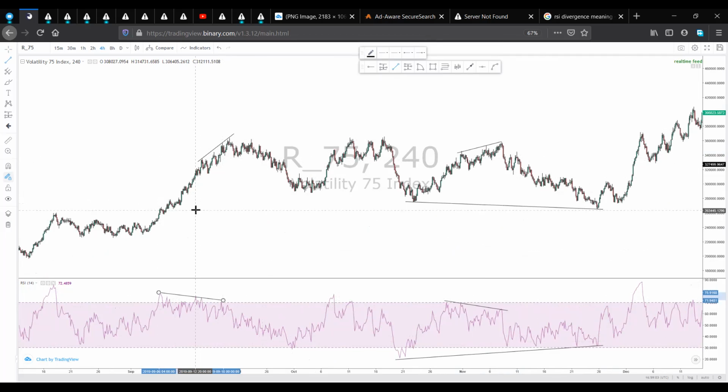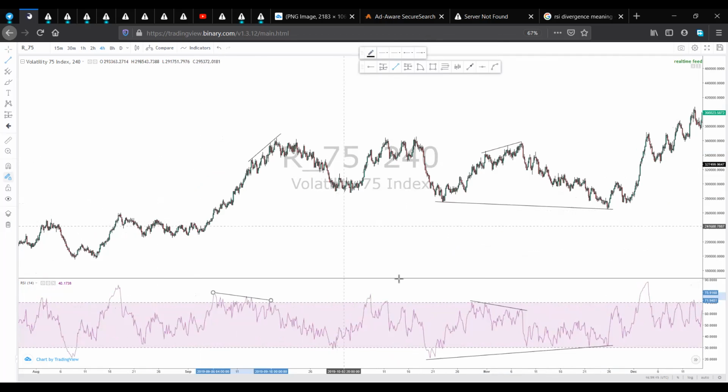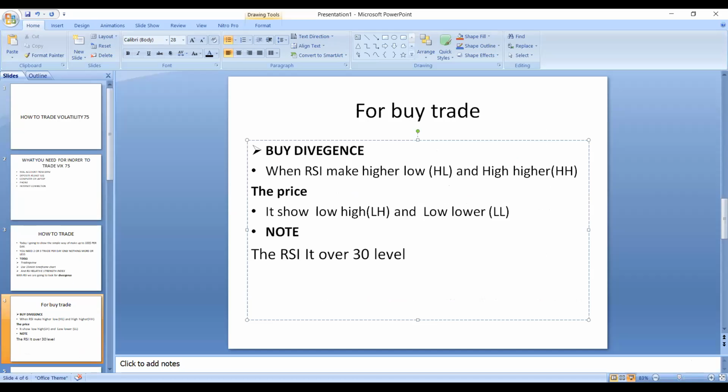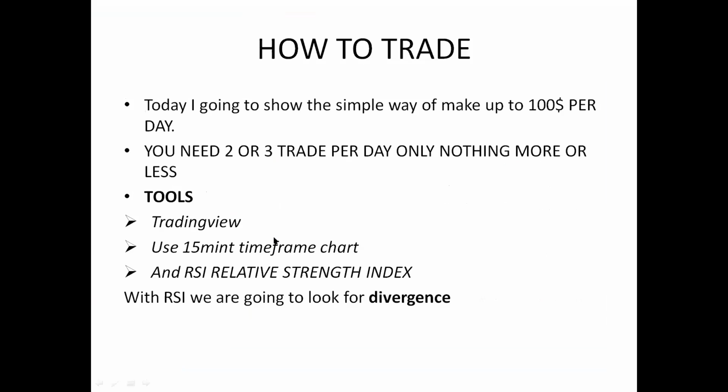But for me, I suggest you go for the 15 minutes if you have 50 USD, or if you can go more, even a 5 minutes chart, and you can get more from this one. So I would like you to take note of this one. It's a very simple, familiar strategy. So everyone can gain from this one.